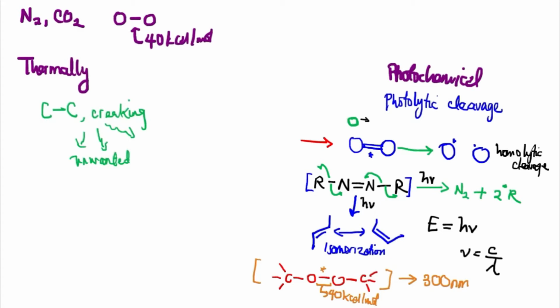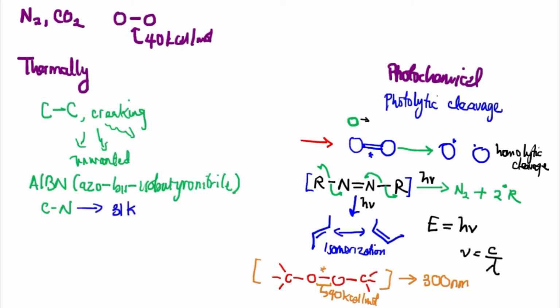This can be prevented by using a specific radical initiator called AIBN, which is expressed as azobisisobutyronitrile. This compound has a carbon-nitrogen bond that is really weak, with an energy of 31 kilocalories per mole, which is the activation energy.